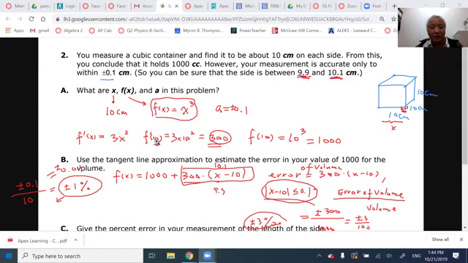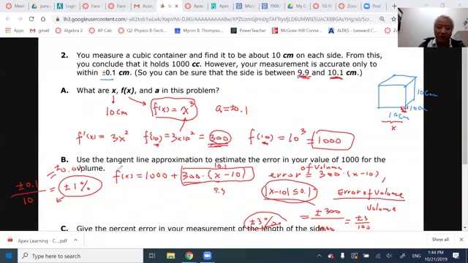And when x equals 10, the measurement is exactly 10, that's 1,000, okay? And then the derivative when x equals 10, that means what? That's the rate of the error. When you plug in 10, right, you get 300. So this is a rate.